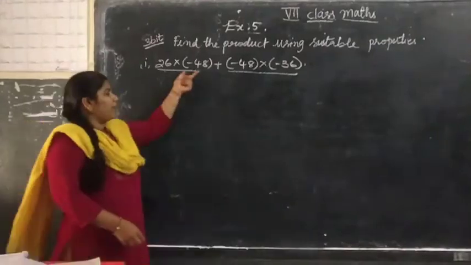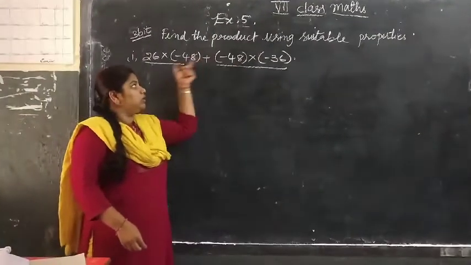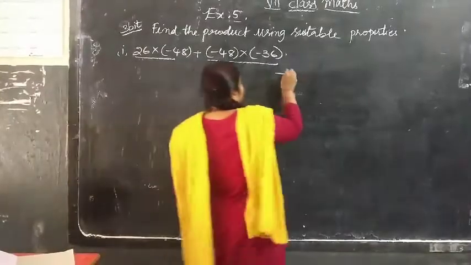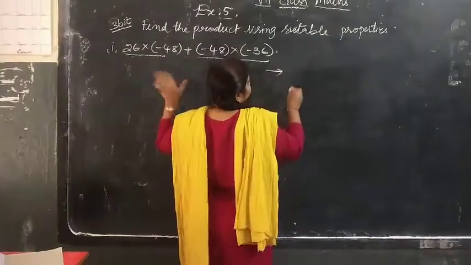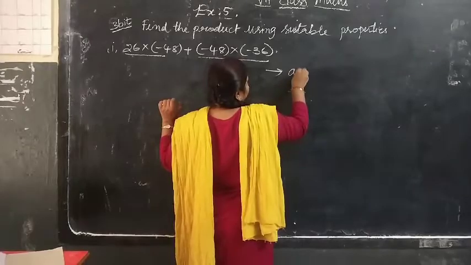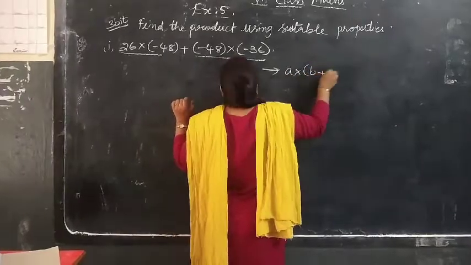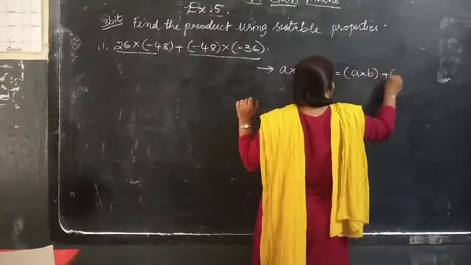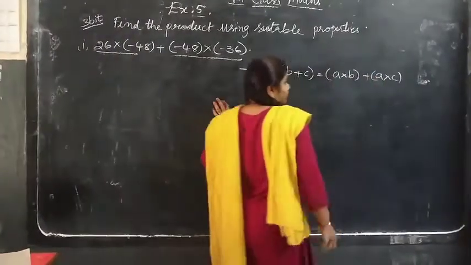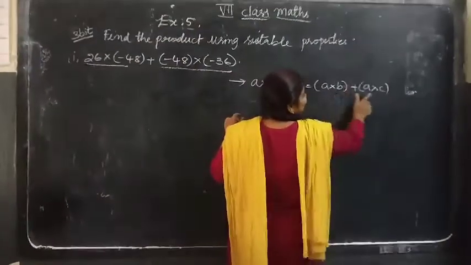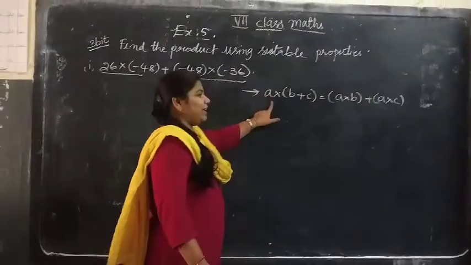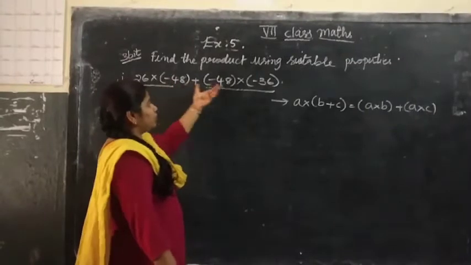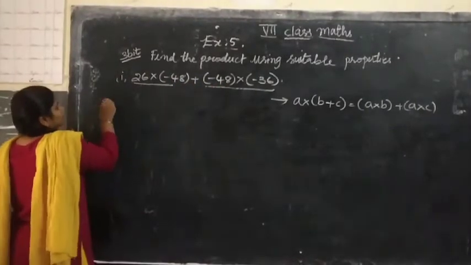Minus 48 is common in both the terms. So this is in which property? This is the distributive property. That is a into b plus c is equal to a into b plus a into c. That means in these two terms a is common. So in this also minus 48 is common. So take out minus 48 as common.